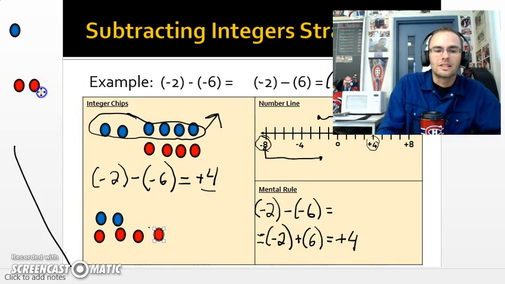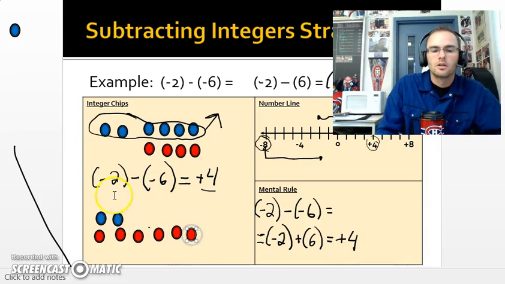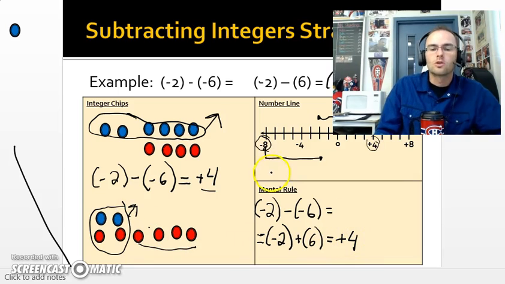Oh, cool, I got this exact same number. 5, 6. So negative 2 plus positive 6. And then I take out my zero models, if you remember those rules. So I have 2 zero models. I take them out, and I am left with positive 4. So by looking at the integer chips, this shows you why this rule actually works.